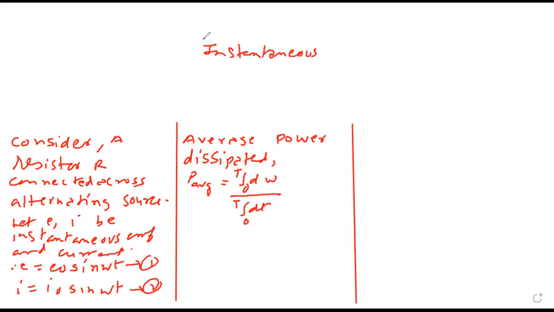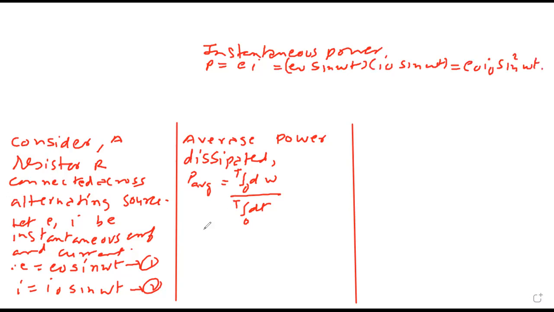Instantaneous power P equals to EI, which is E naught sine omega t into I naught sine omega t. So E naught I naught sine square omega t. Average power dissipated is work done for one cycle upon time for one cycle.